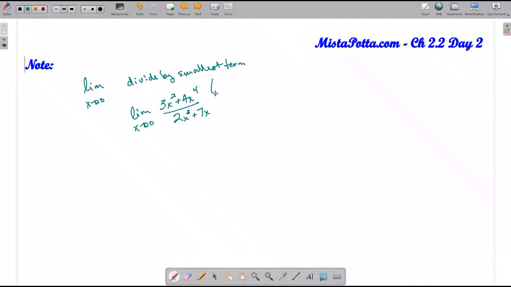I want to multiply the top and bottom by 1 over x. And the reason that I'm doing this is because I do want x terms. I just want a constant term left over. I don't want to deal with x's in the denominator. So I'm always going to divide by the smallest term's degree.